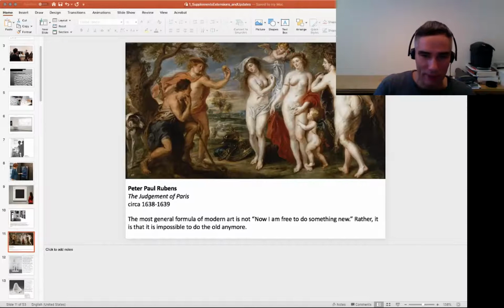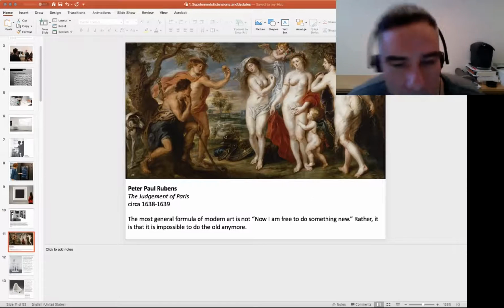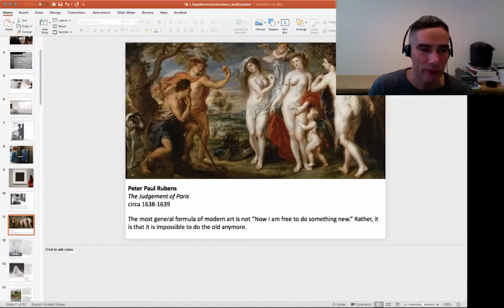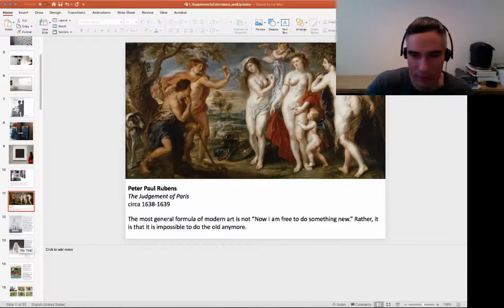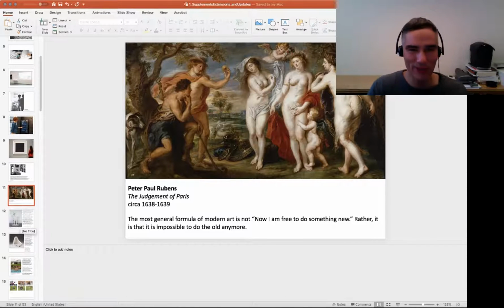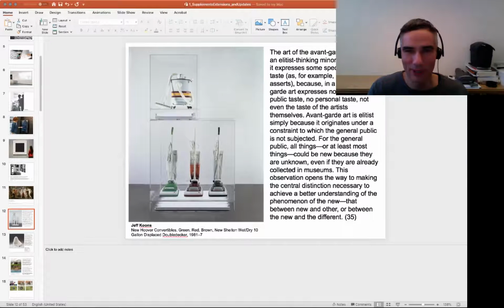After he produces the black square, Rubens is used as an example a couple of times: now I am free to do something new. Rather, it is impossible to do the old anymore. There's a lot of argument, and this is basically the thrust of modern art history, so I won't belabor it too much.